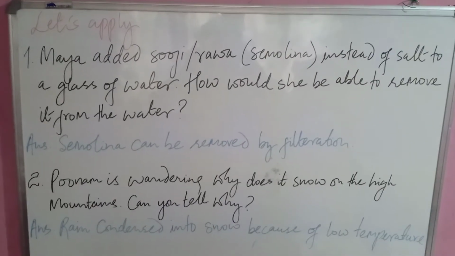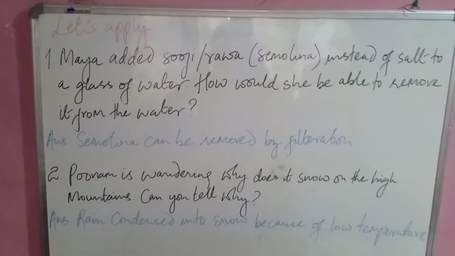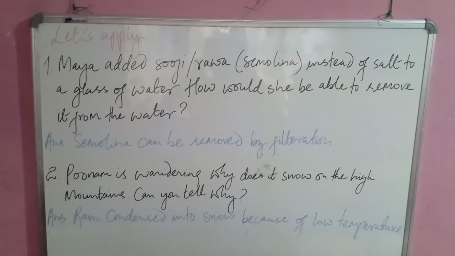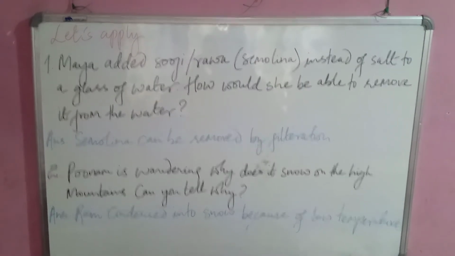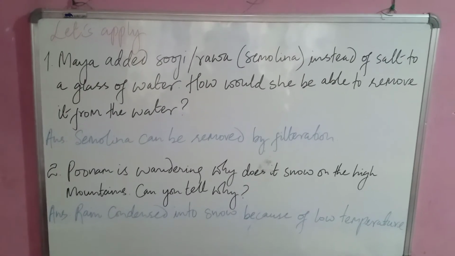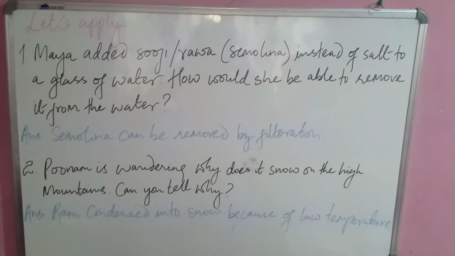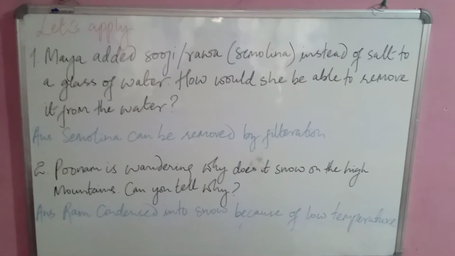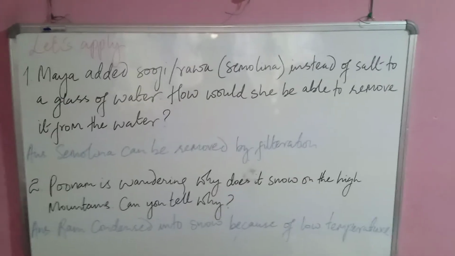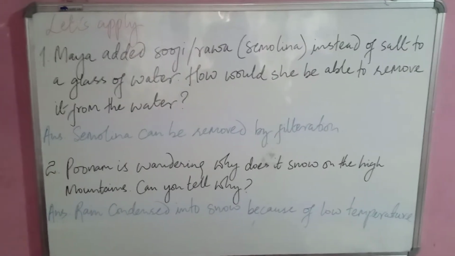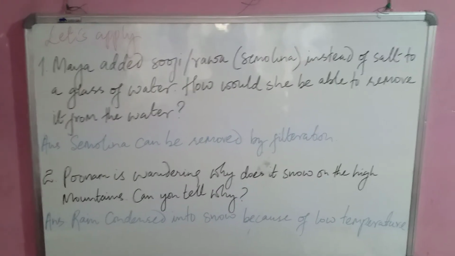Moving on, let's begin with the Let's Apply questions. Maya added suji, or rava, semolina instead of salt to the glass of water. How would she be able to remove it from the water?